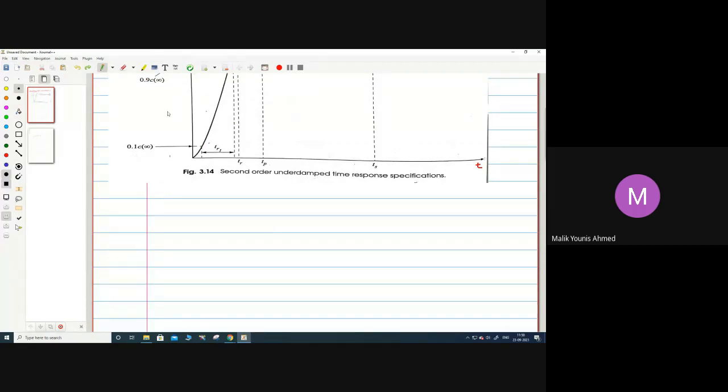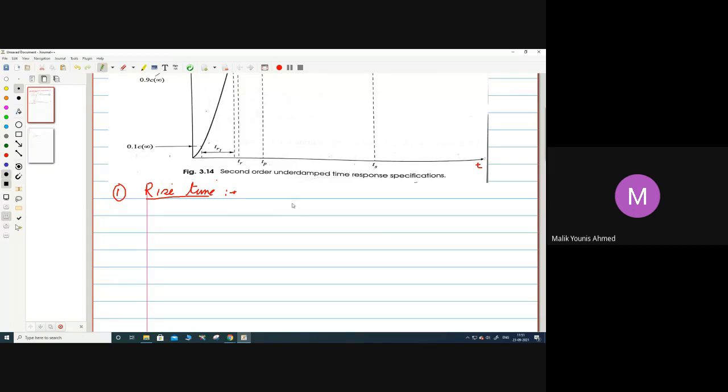So the first definition we will talk about is rise time. This is for the second order system; first order we have already done. Rise time is the time taken for the waveform to go from 0.1 of the final value to 0.9 of the final value.